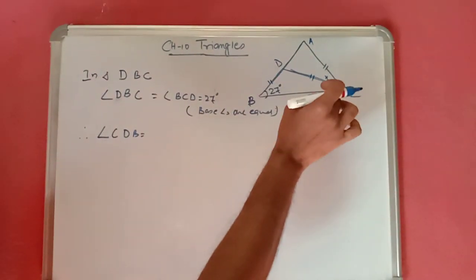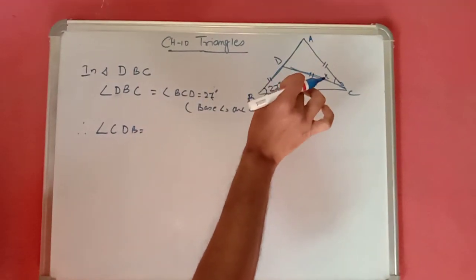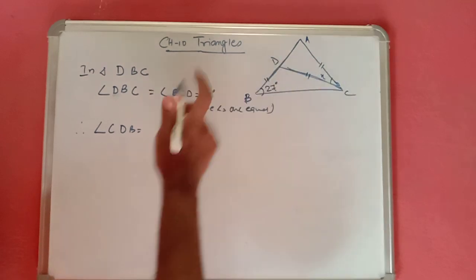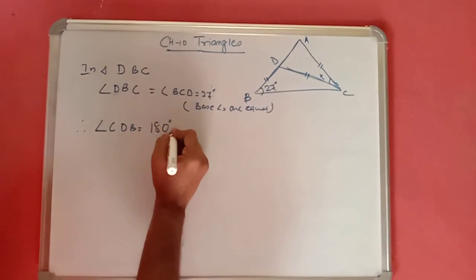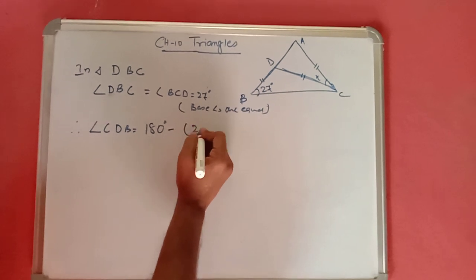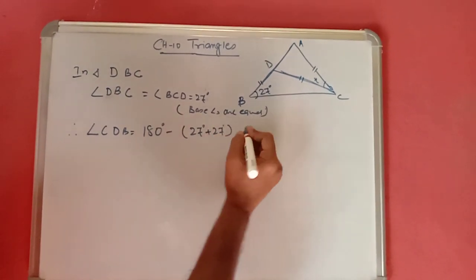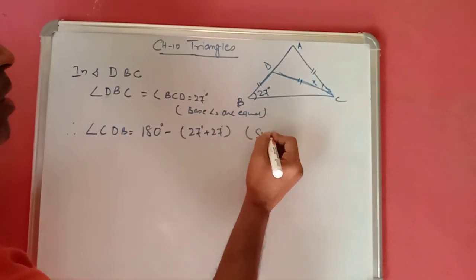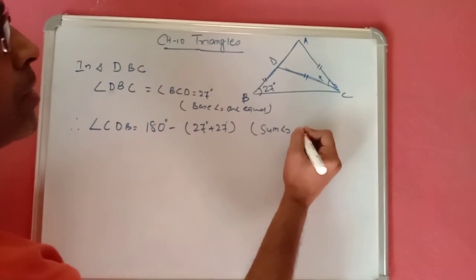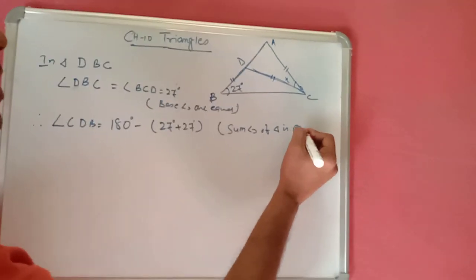So 180 degrees minus 27 degrees plus 27 degrees, because the sum of angles of a triangle is 180 degrees.